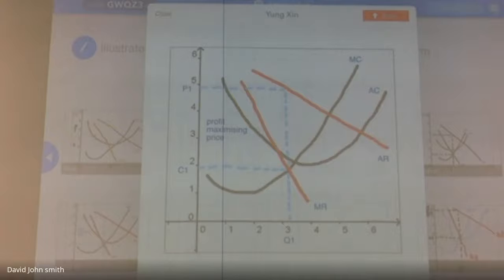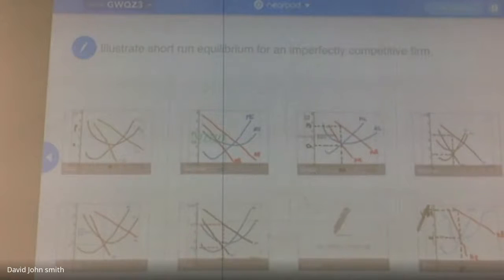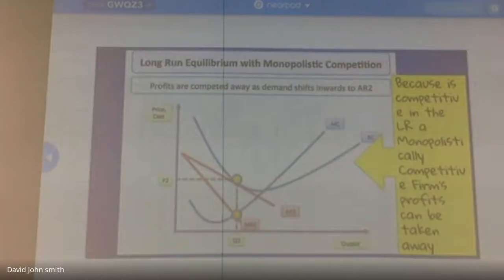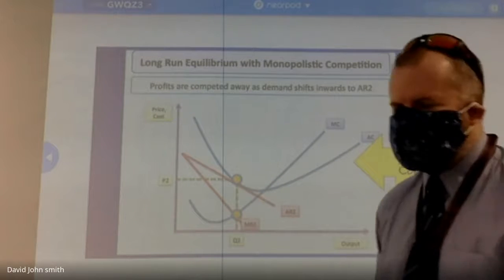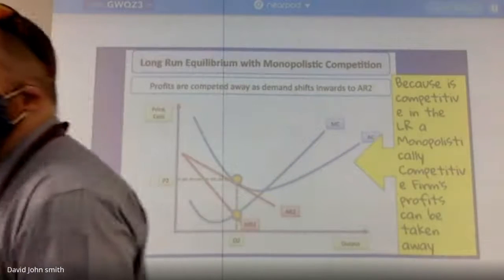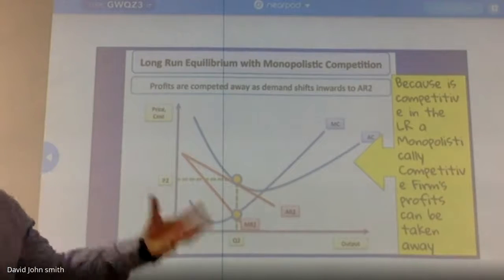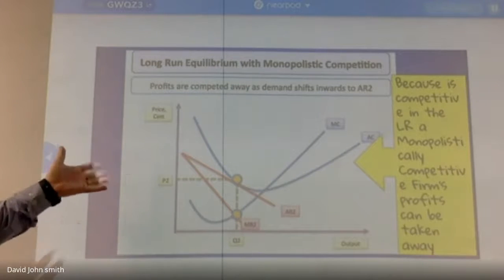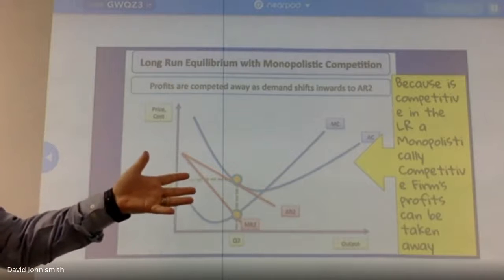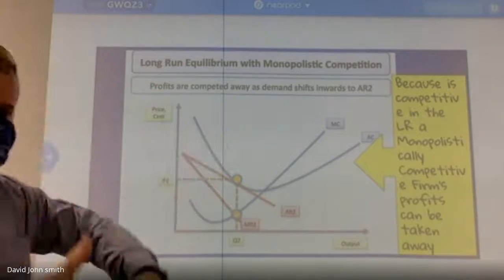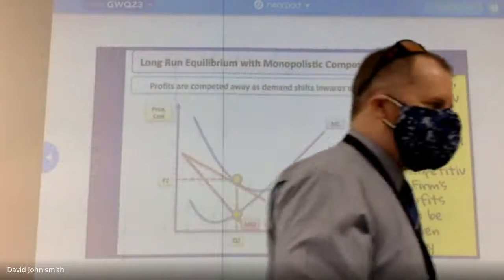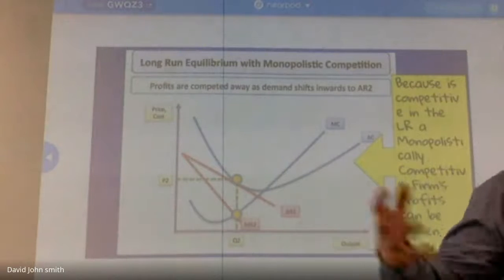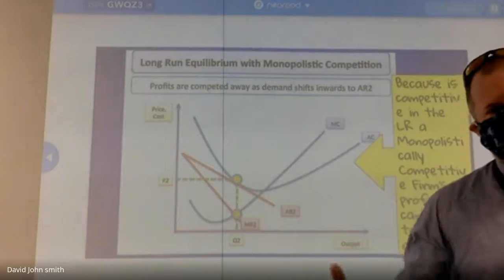Now, as said, in the long run, because we are competitive, other firms are going to see that, particularly if you're making a profit, there aren't the barriers to entry that there are for a monopolist. So they're going to arrive, and by nature of the model, some of your demand is going to disappear.